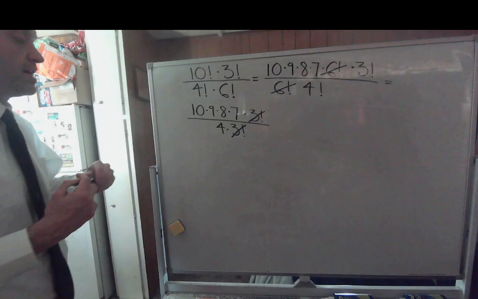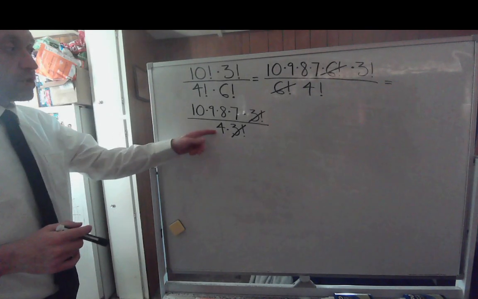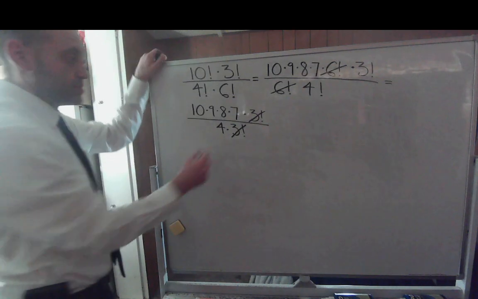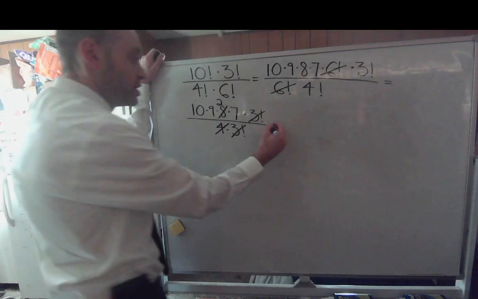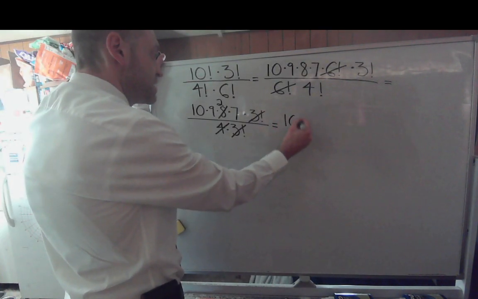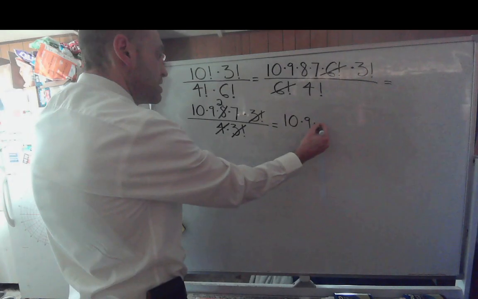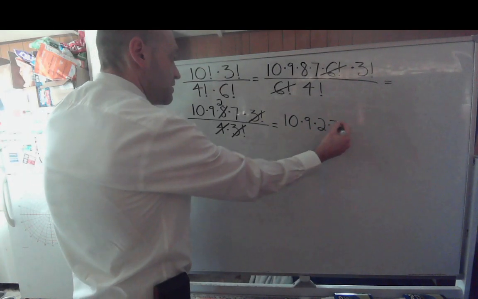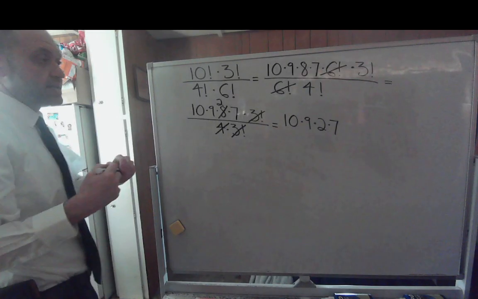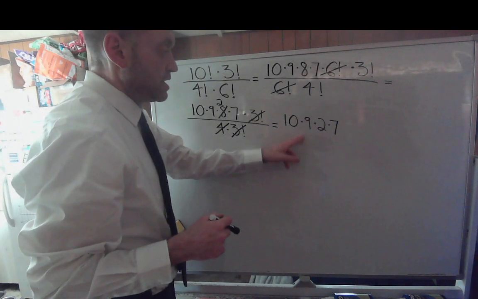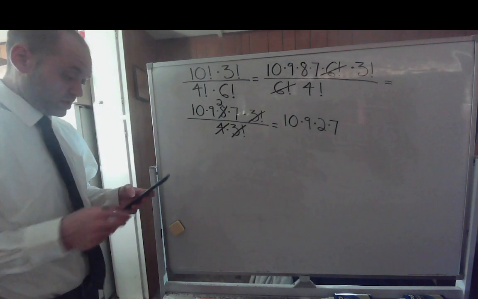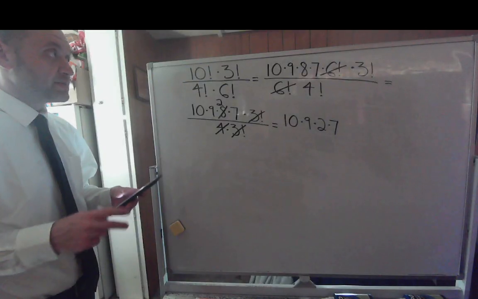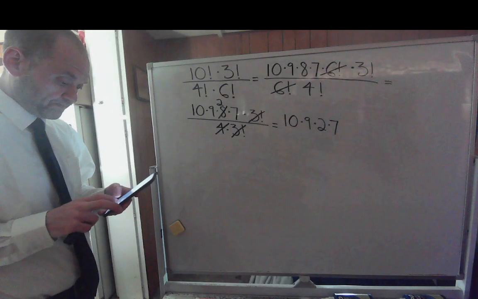What else do you have? 4 goes into 8 perfectly 2 times, so the 4 will be gone. That 8 will turn into a 2. So what you'll be left with is 10 times 9 times 2 times 7. Alright, 10 times 9 is 90, times 2 is 180, times 7. Let's take 180 times 7 and see what we get.